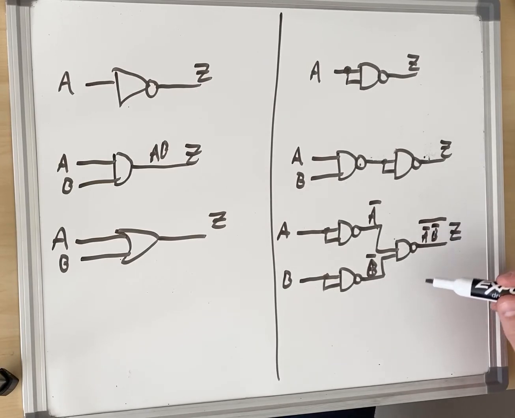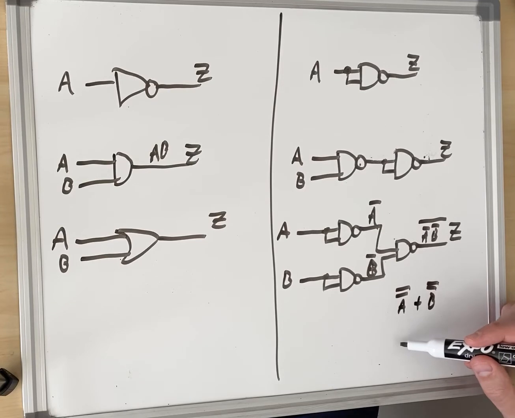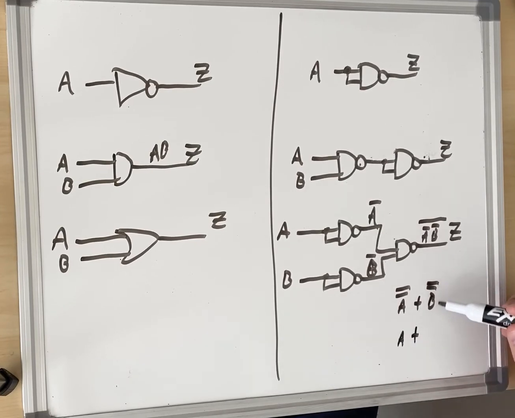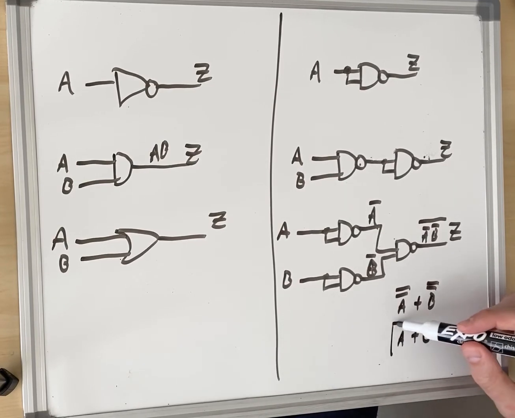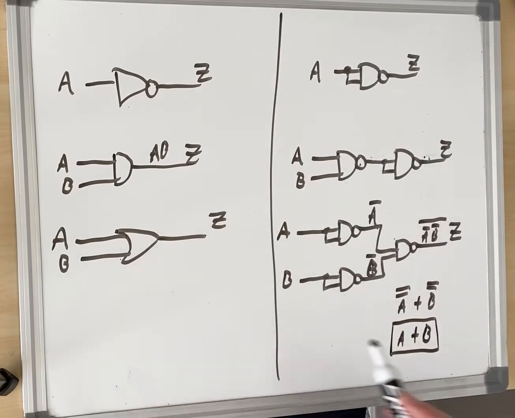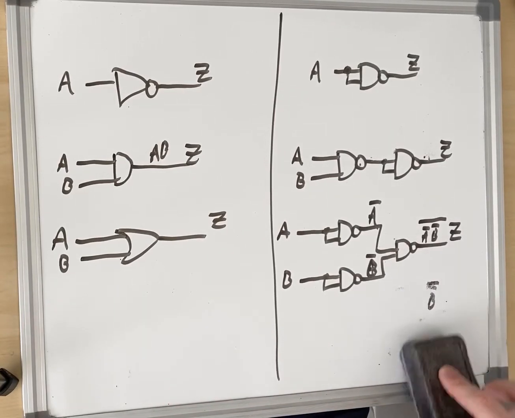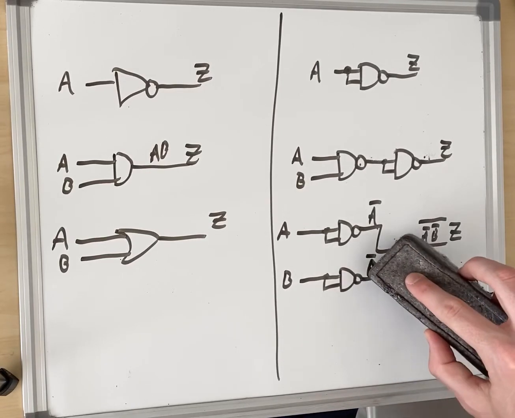Break the line, change the sign. So this becomes not not A or not not B. Which again, a double not just becomes A, or B. And that would be our answer. So we can see it converts to an OR gate. And that's essentially just proving these out.